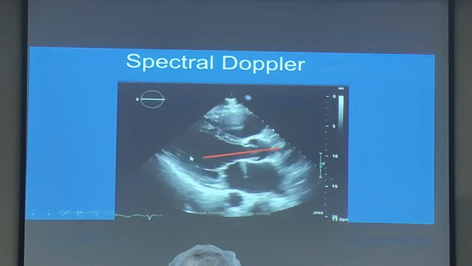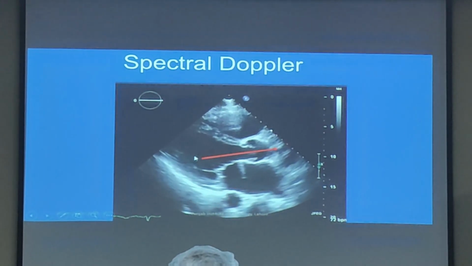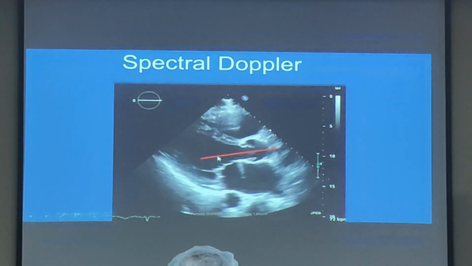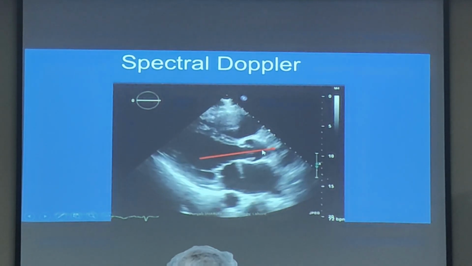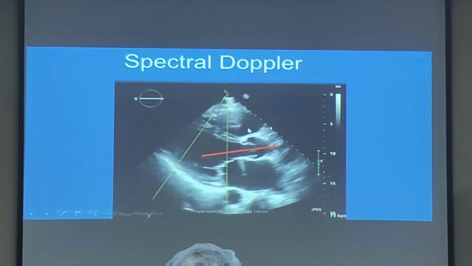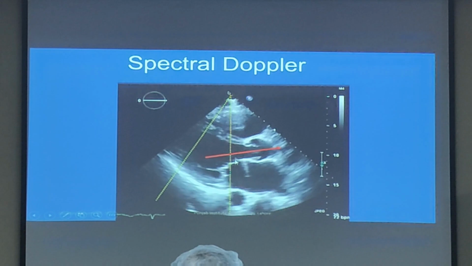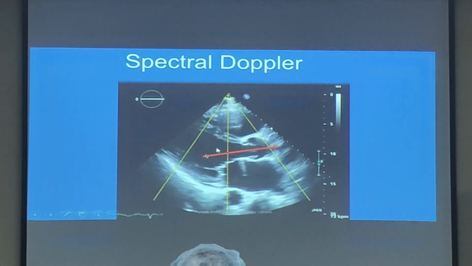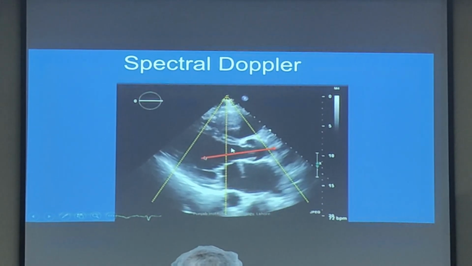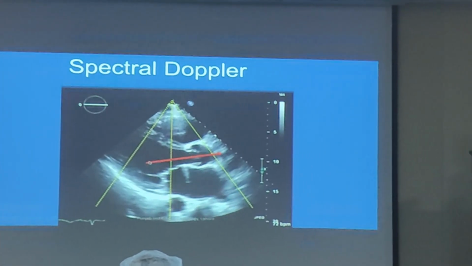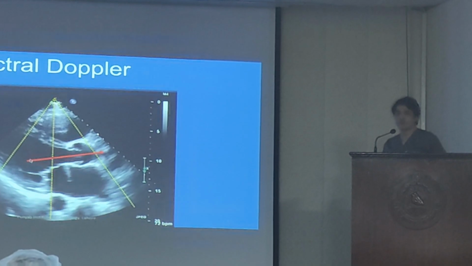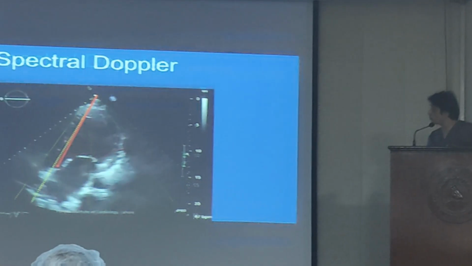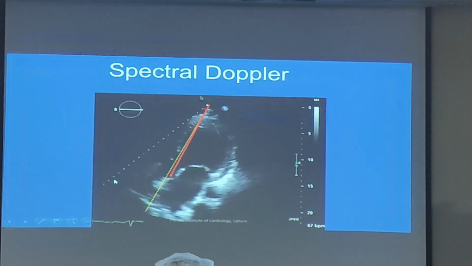If we want to look for any flow across this aortic root, the spectral Doppler will be perpendicular, at 90 degrees, to this tissue. It means it will never tell us the exact amount and speed of the velocity across the valve. So we have to move the angle and make another view.